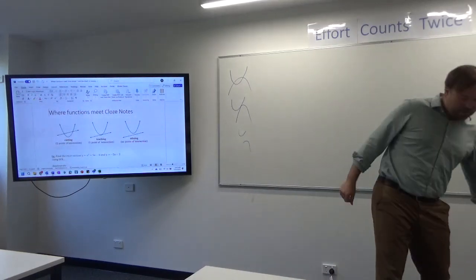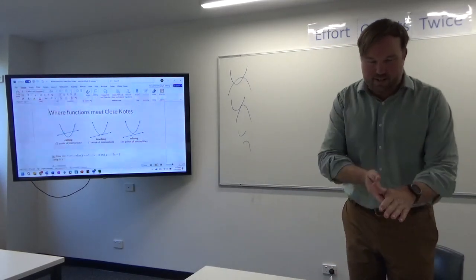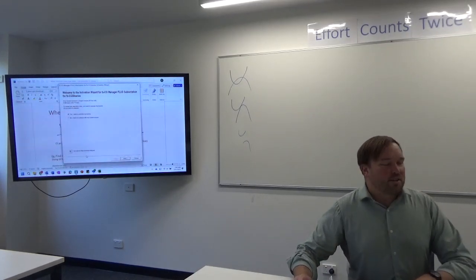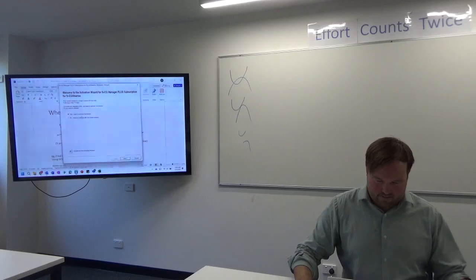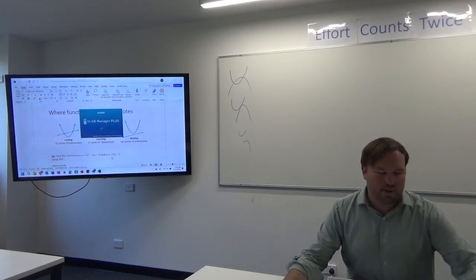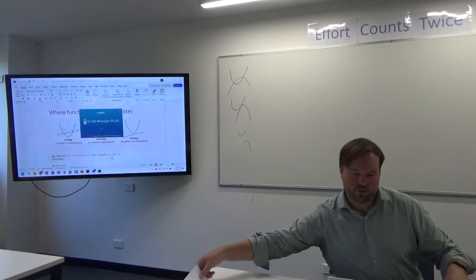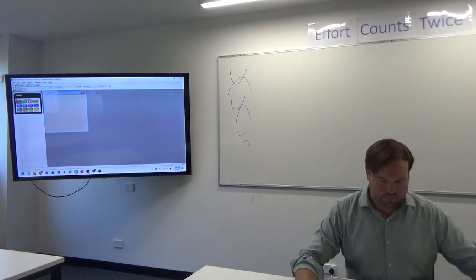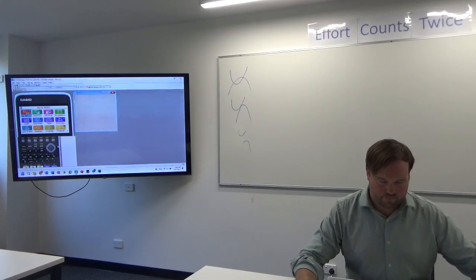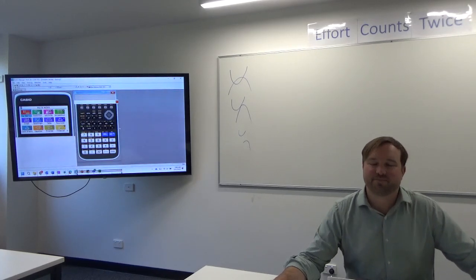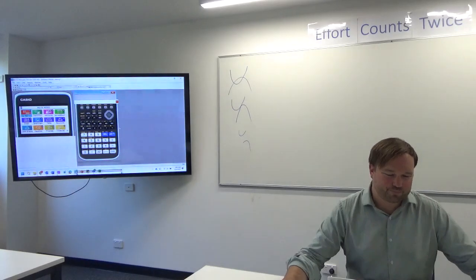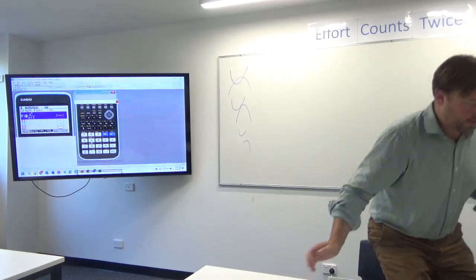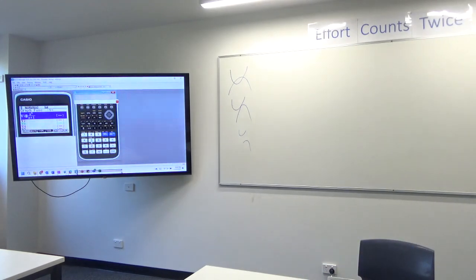The easiest way to do this is using our graphics calculator, so that's what we're going to start with. Grab your calculators. We're going to graph these functions. On your calculator screen, click 5 for graph, and then delete whatever's there.